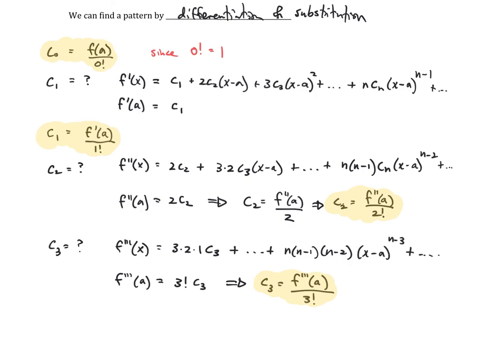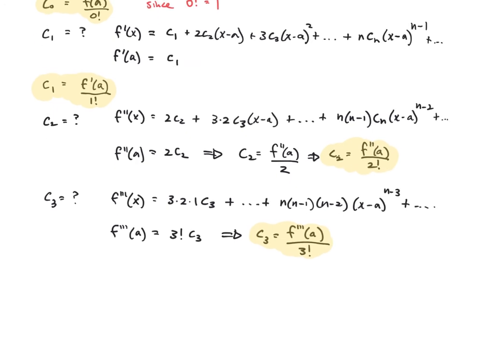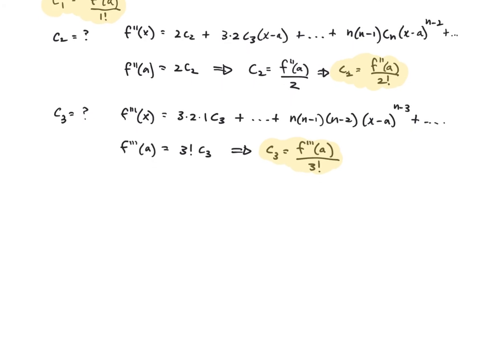So if I were to ask you what you think the fourth coefficient c4 is going to be, well, I would guess that you would take the fourth derivative, evaluate that at a, and then divide by 4 factorial. So if we continue on in this pattern, what we've just done is found a pattern for what the cn should be.